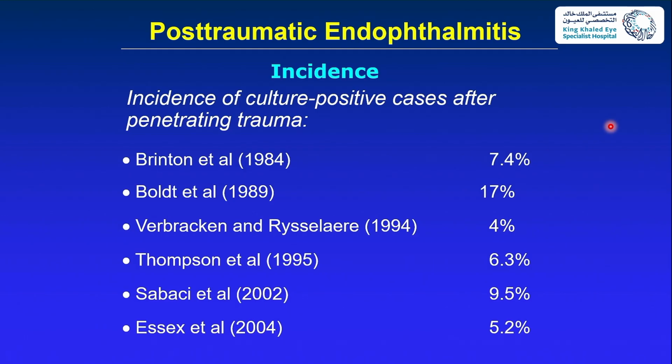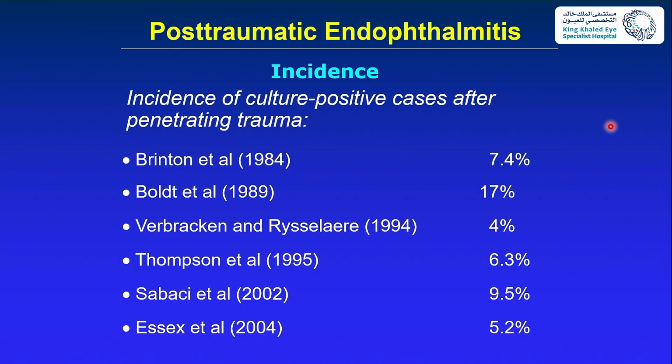Looking at the incidence, I put a summary here of most important studies. Some of them are old. And you can see that the incidence ranges between, based on the study, from 4% up to 17%. Very high compared to cataract endophthalmitis.